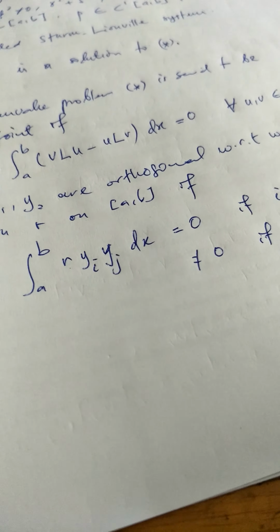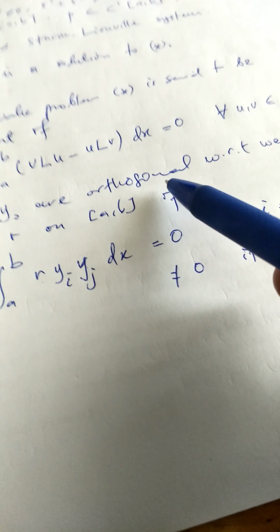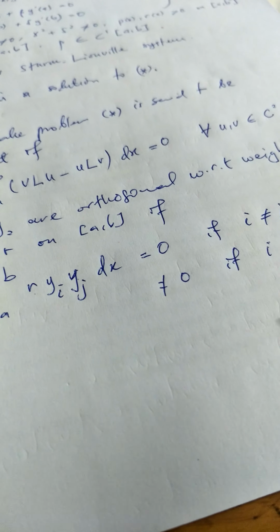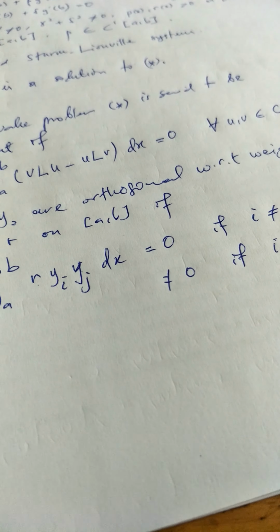We say it's orthonormal if, when i equals j, the integral gives you the value 1.